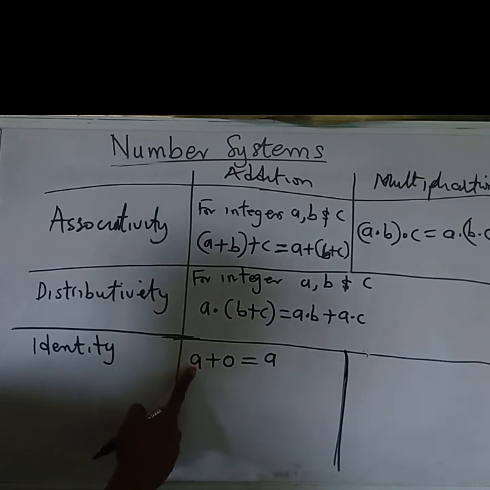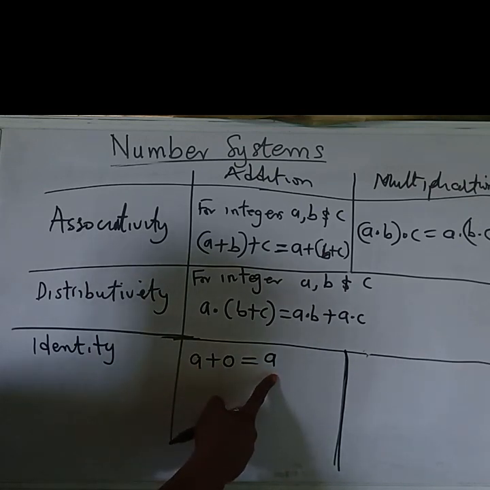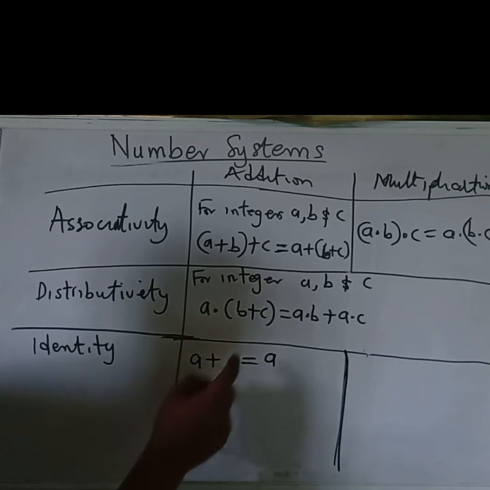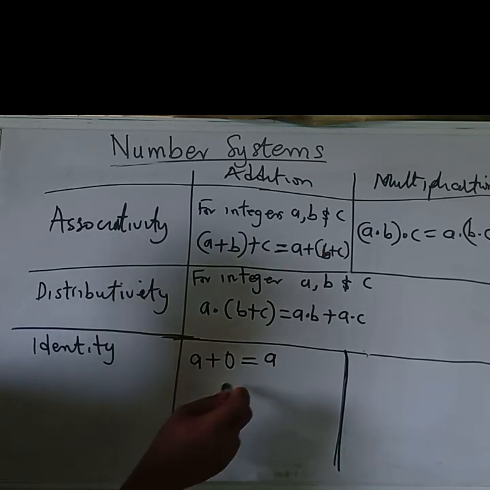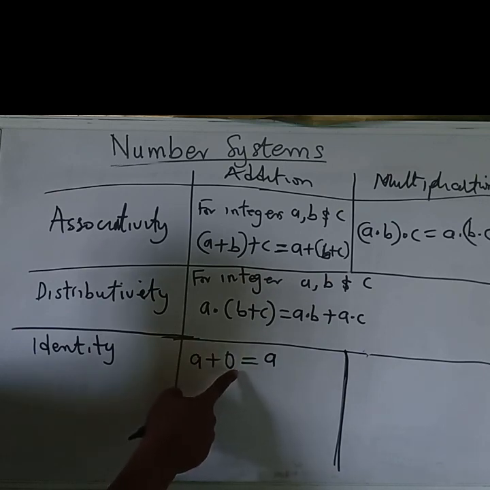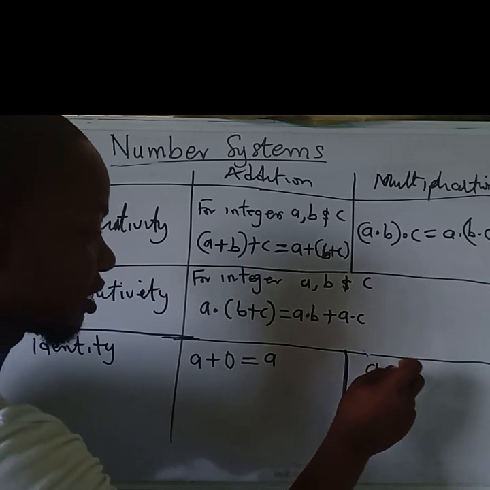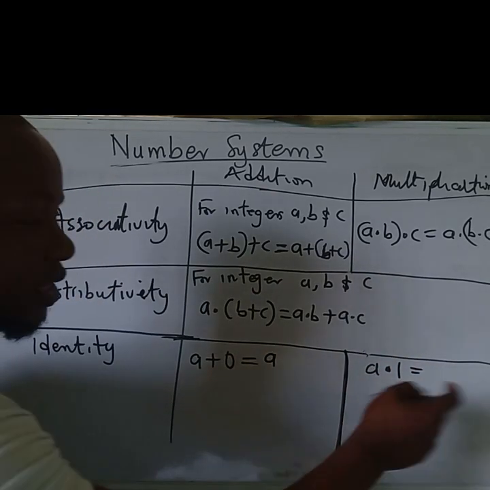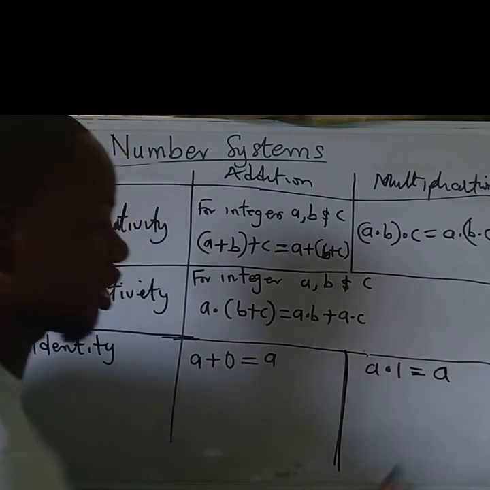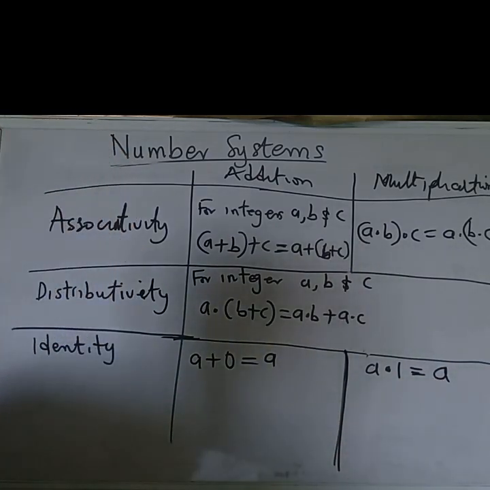If for any a, when I add zero to a I get the same a, we refer to zero as the identity, because it reproduces a after the addition. So zero is the identity under addition, and under multiplication, the identity is 1, since only that produces a.